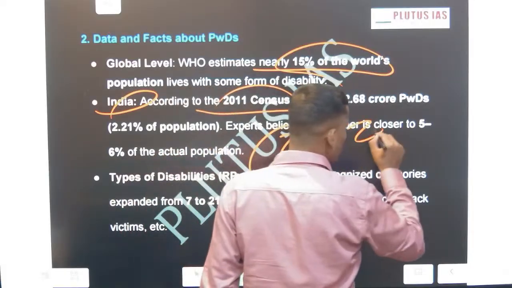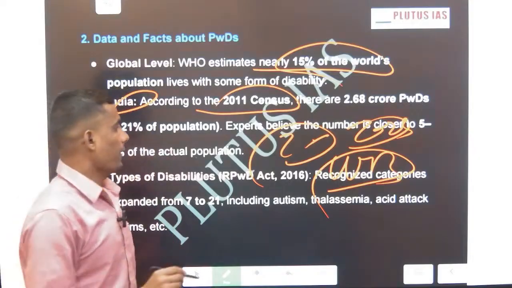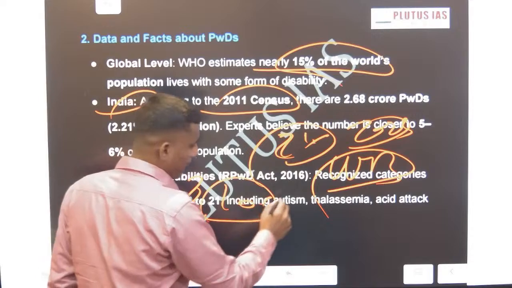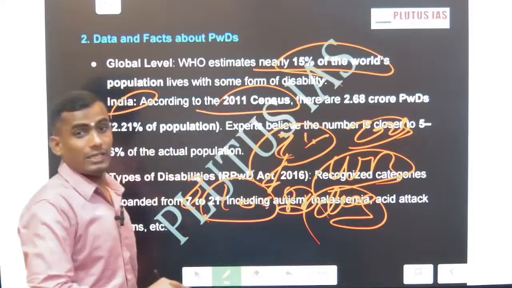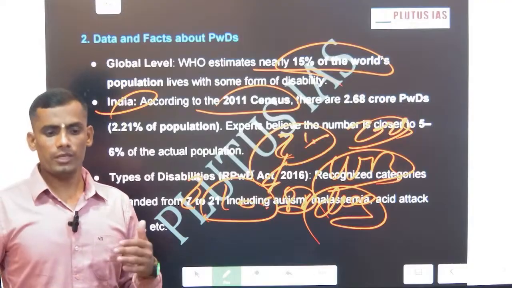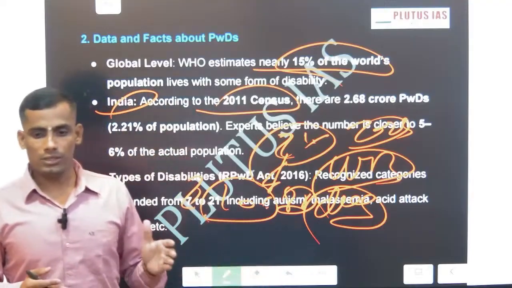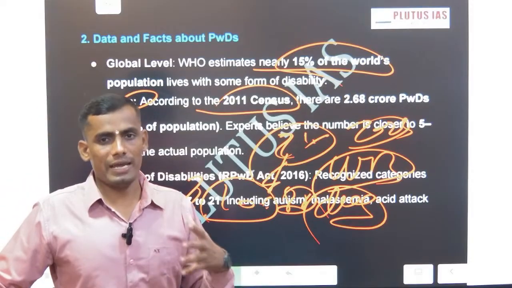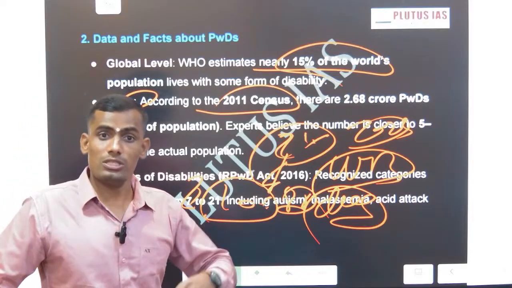But in 2023, the World Bank said that in India it is not only 2%, but around 10%, because this deficit of 8% is due to lack of records. A person feels stigmatized, very isolated, because if we say I have a disability... even one of my friends was hiding his stammering issue for long, and he faced difficulty in the UPSC interview.